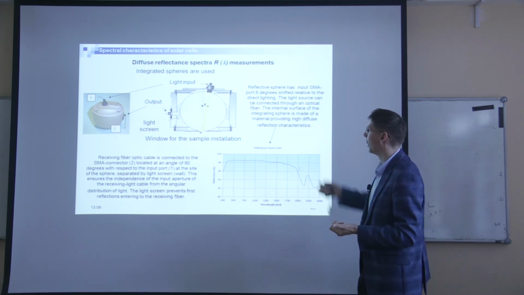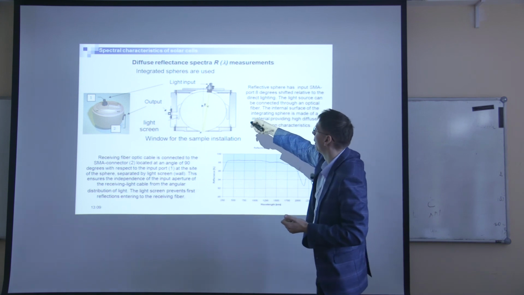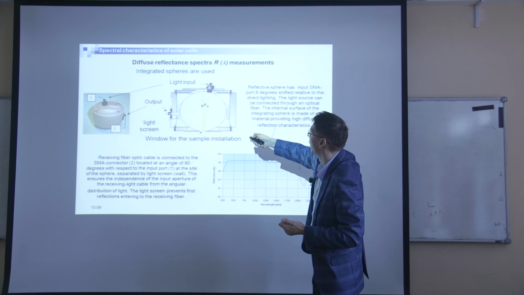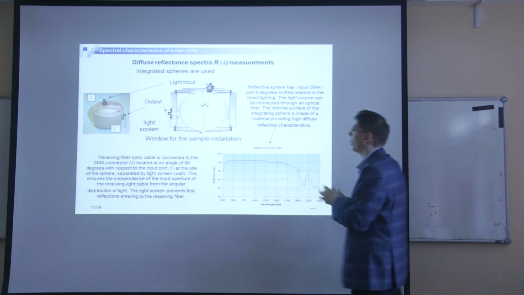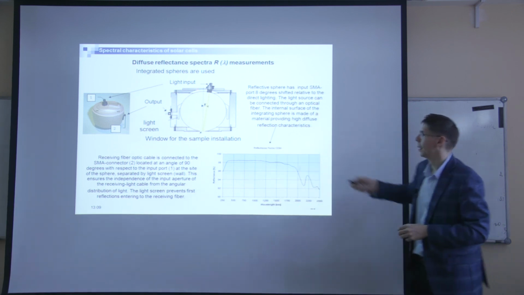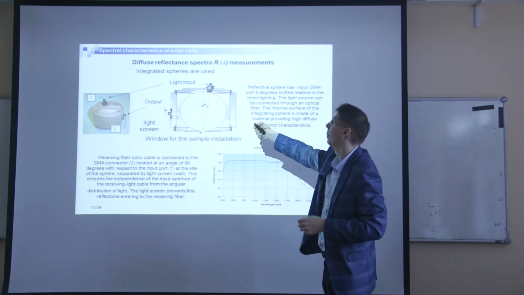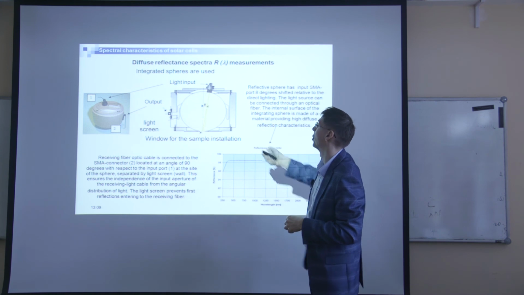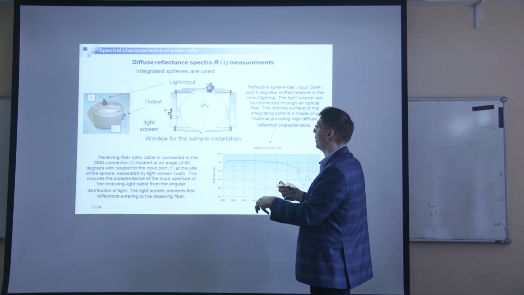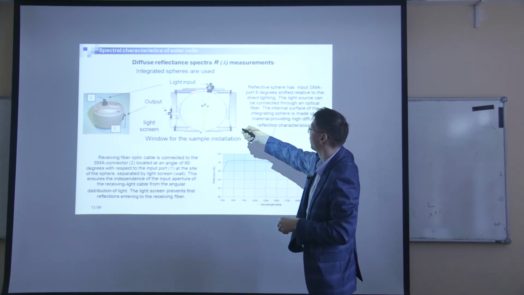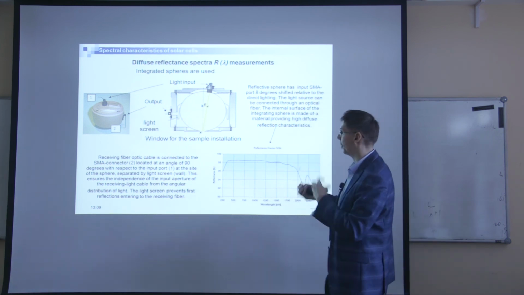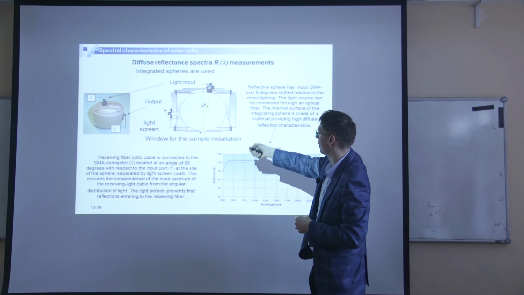There is some modification. You can put some trap here, which captures the mirror reflection, I would say the beam of the mirror reflection. So this part of the light is captured in this trap, and it goes like this.